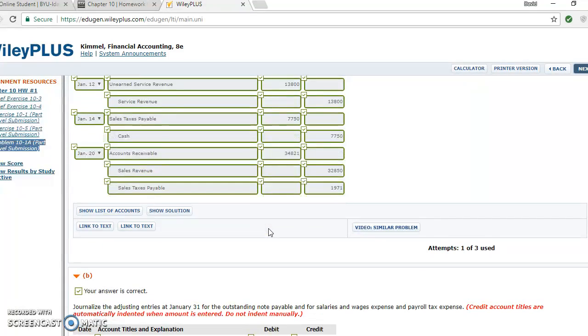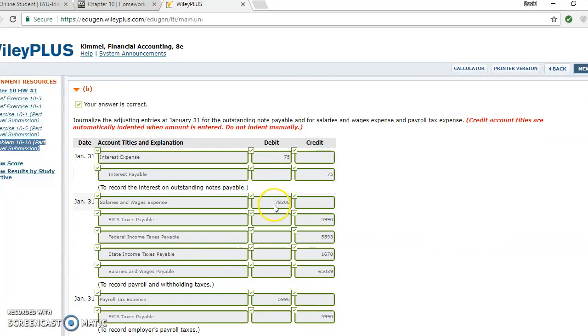And so we debit the salaries and wages expense, 78,300, and then start to list all of the withholdings, and they're listed here. And then after we list those three, we subtract the sum amount from the salaries and wages expense to come out with the salaries and wages payable, which is here at $65,039.